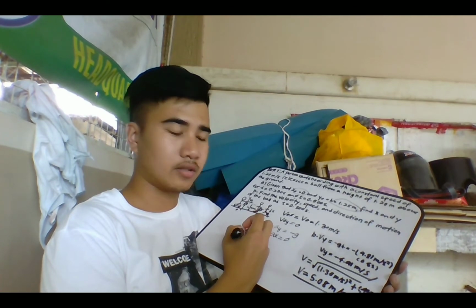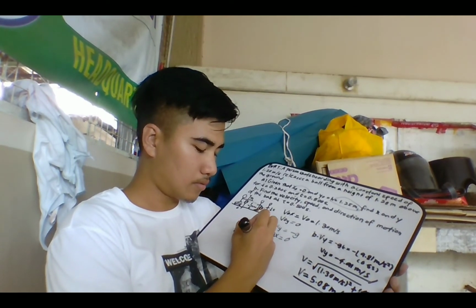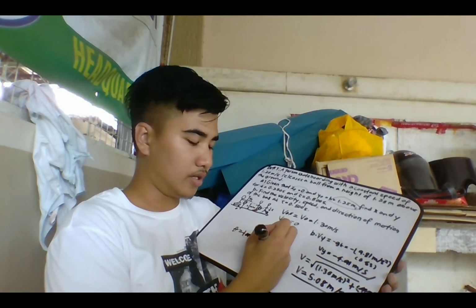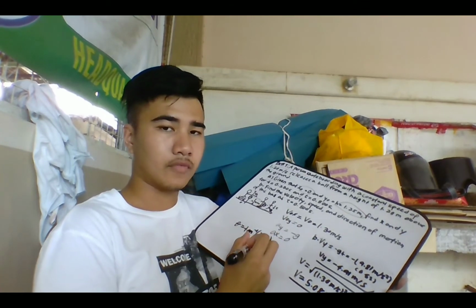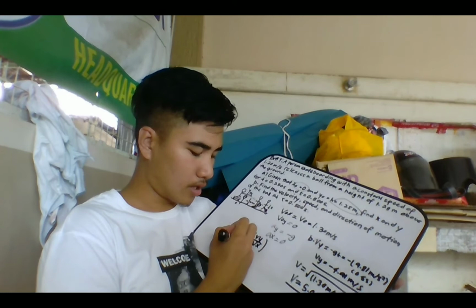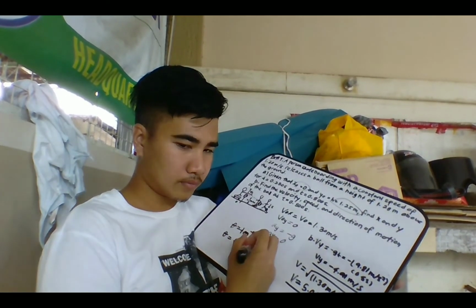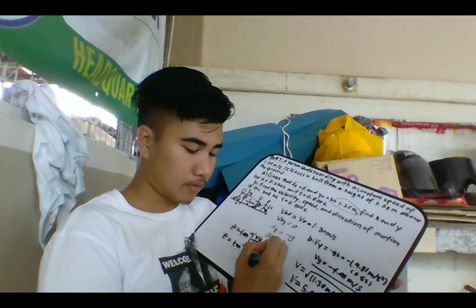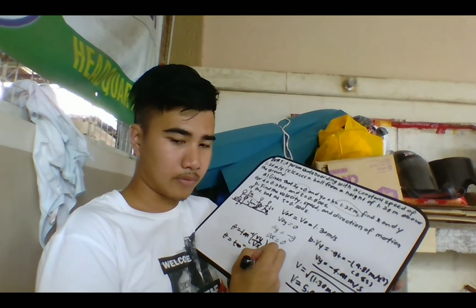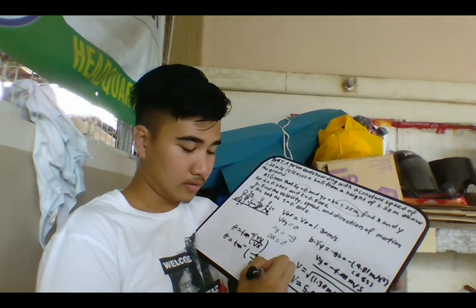For the direction, the angle theta, we use the inverse tangent function of v y over v x. We have angle theta equals inverse tangent of negative 4.91 meters per second over 1.30 meters per second, and we cancel the units.